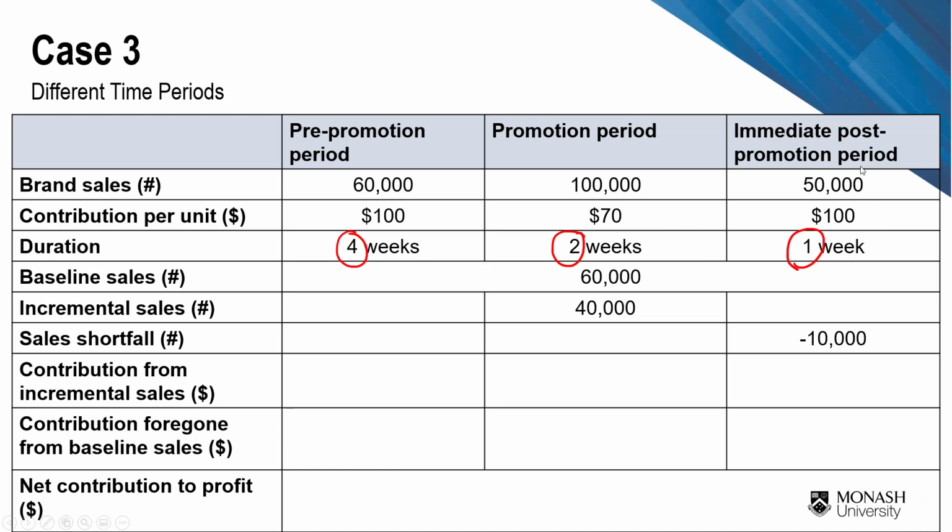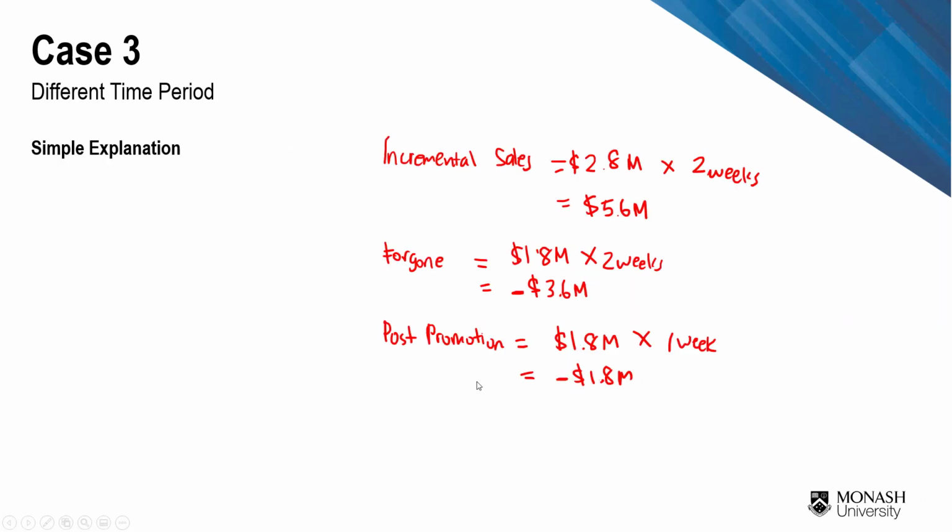In other words, the immediate post promotion period is lower than our baseline period. So because of that, we need to take into account there's a shortfall, or a dip.